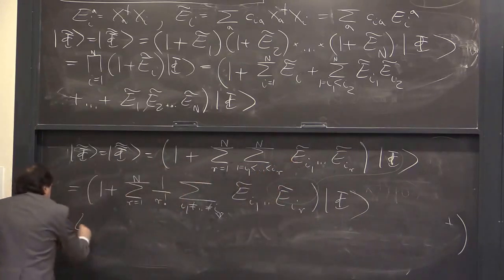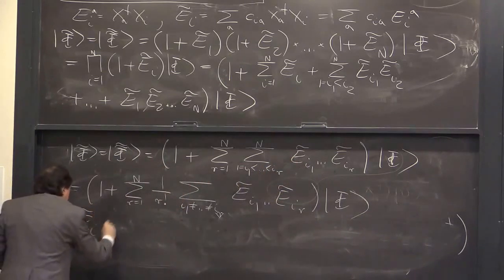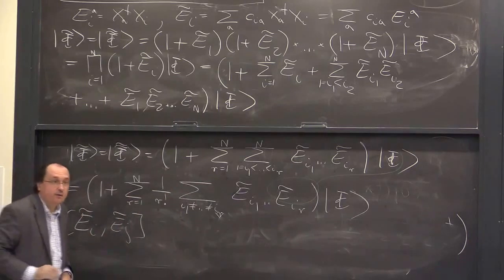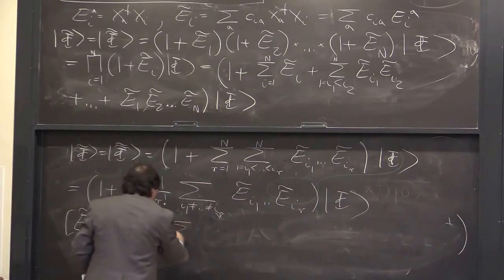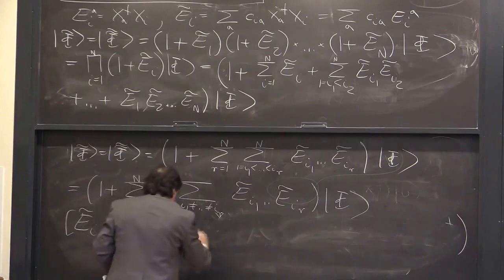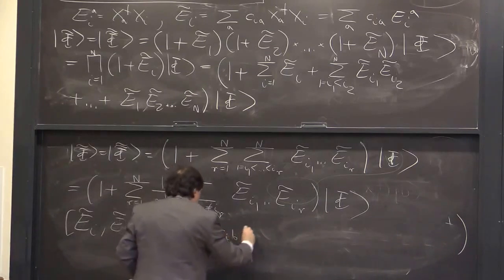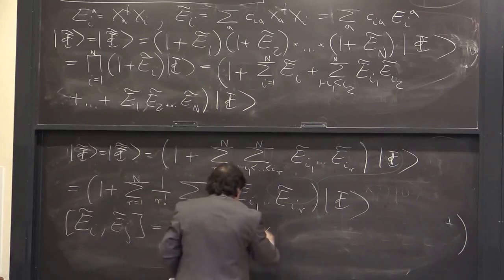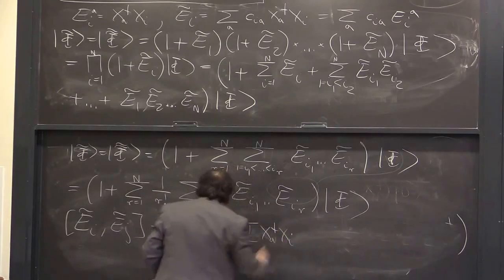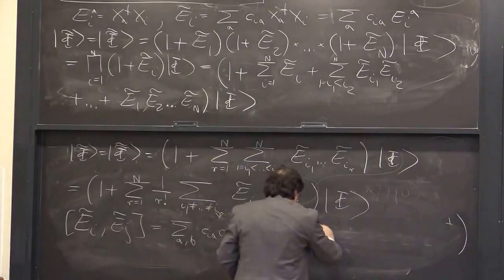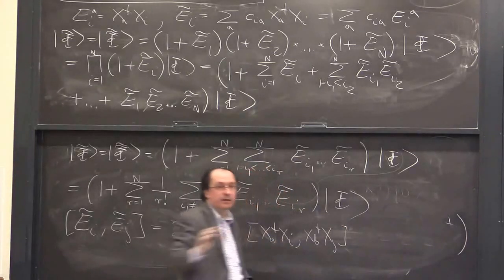So we have to prove that E i in general and E j commute. That should be easy for you, because what you end up with is a summation over A and B, C iA, C iB, C jB, of a commutator of X A dagger X i for E i and X B dagger X j.